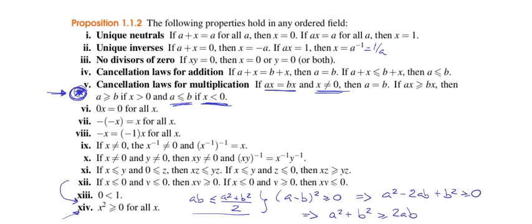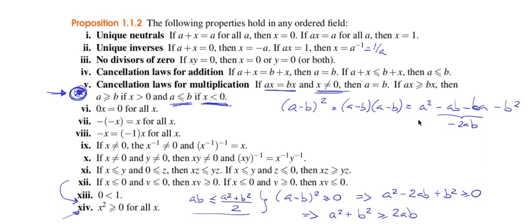And then, if you don't know this, these are things that you need to know. (a minus b) squared, you prove this using the distributive law. So this is just a squared minus ab minus b times a plus b squared, but ab and ba is the same thing because the product is commutative, so this is just a squared minus 2ab plus b squared. And in the case (a plus b) squared, this is a squared plus 2ab plus b squared.